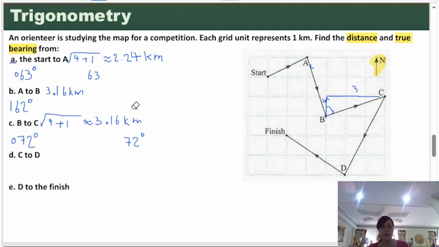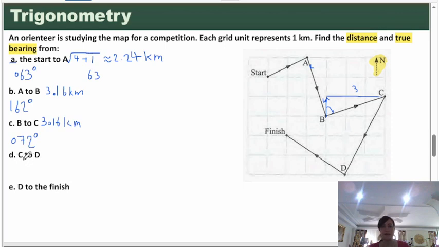Okay, so let me write it as 3.16 kilometers. I will go for part D.